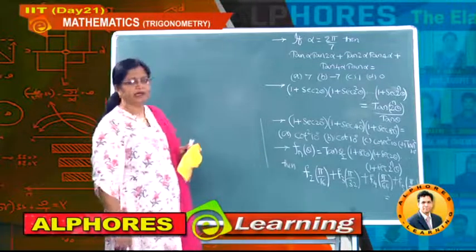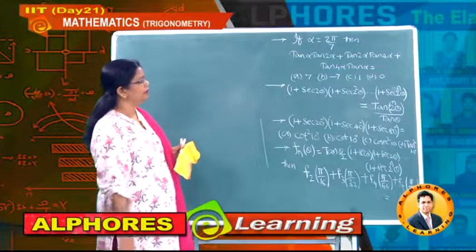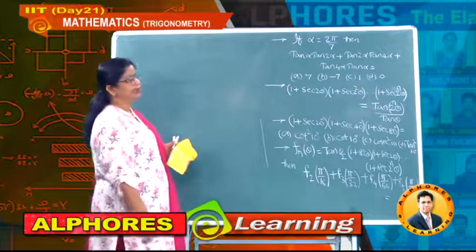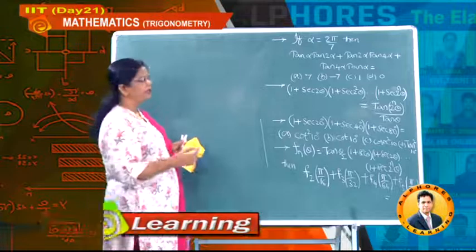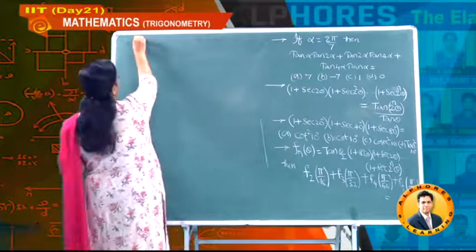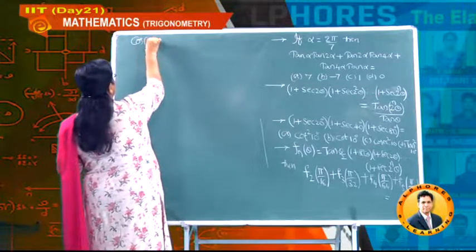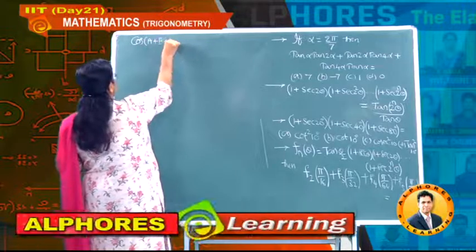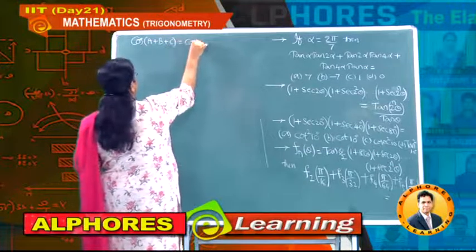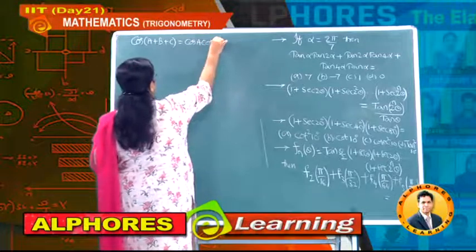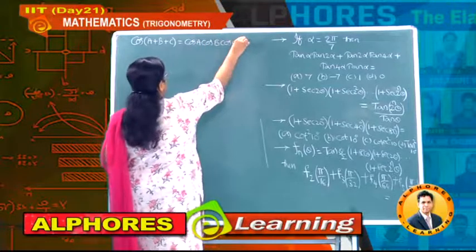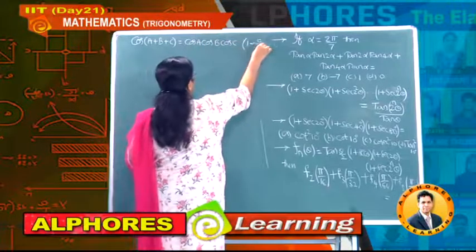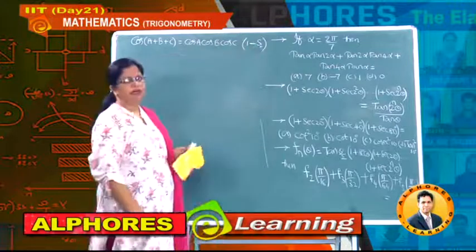Now students, I want to make use of the formula with S2 that occurs in cos of the sum of three angles. What is our formula? Cos of A plus B plus C equals cos A cos B cos C, the product, into 1 minus S2. This is the formula we have.